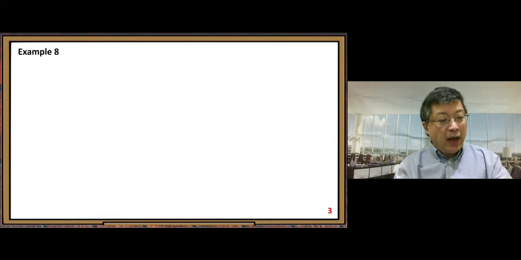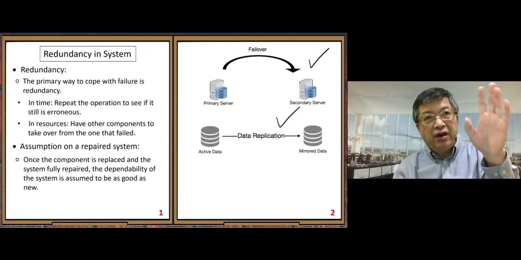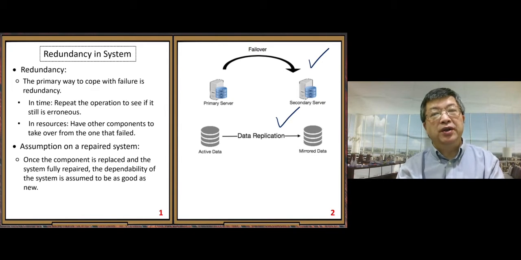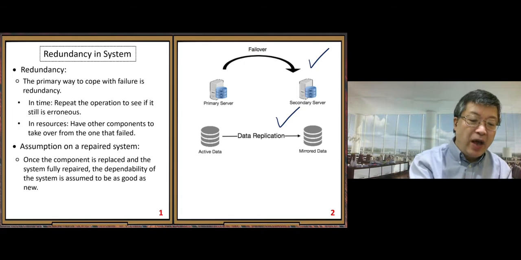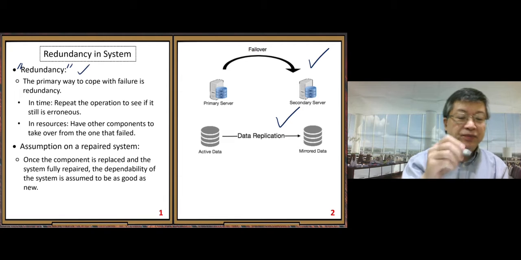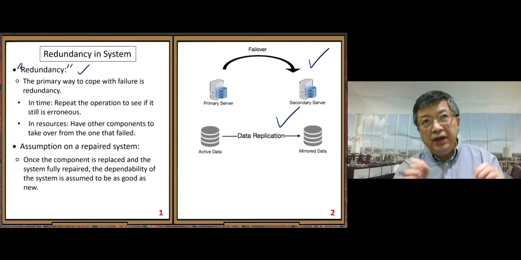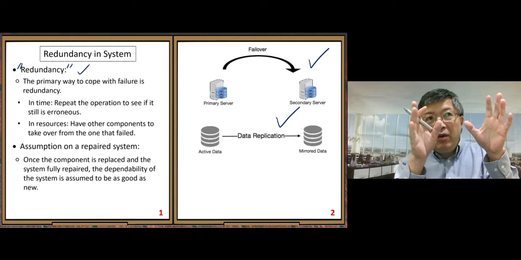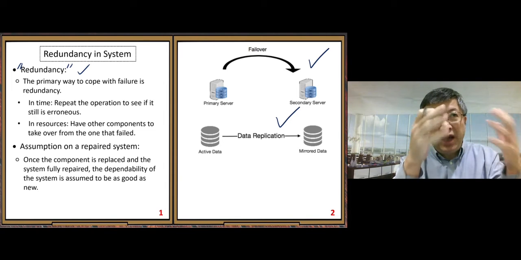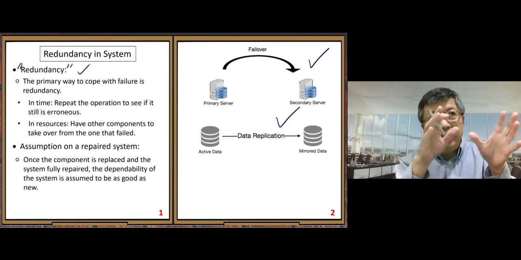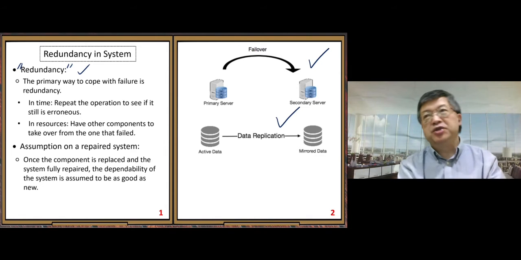Next, actually, before I show you the new example, I want to say a few words related to our textbook. Now, we have a redundant system, right? And there is one example in our textbook, doing things in a redundant system.